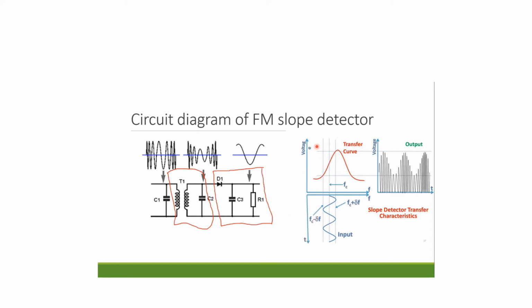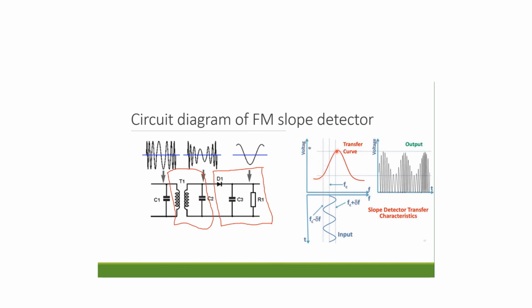Now just look at the characteristic of tuned circuit. This is the characteristic of tuned circuit, which is basically a graph between frequency and voltage. It provides us a mapping between frequency and voltage. So input to the tuned circuit is FM modulated signal, so frequency will vary continuously. Here we are showing frequency variation, and this graph will convert frequency into voltage.